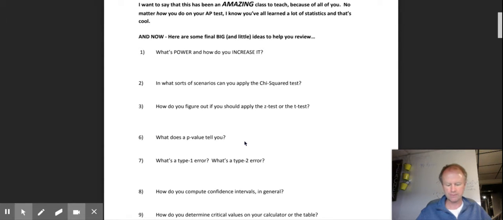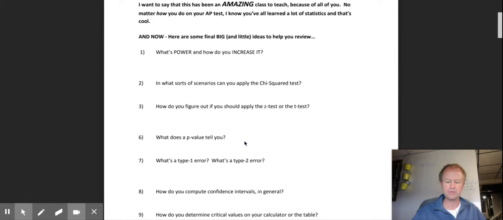Question 7 is, what is a type 1 error? Type 1 error is when we actually have a true null but we reject it. So we reject a true null. That's type 1 error. Type 2 error is when we fail to reject a false null.